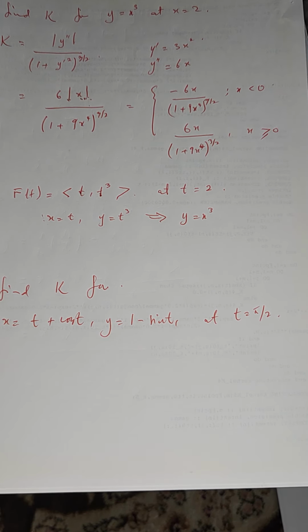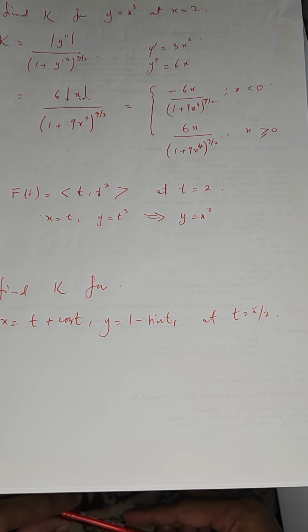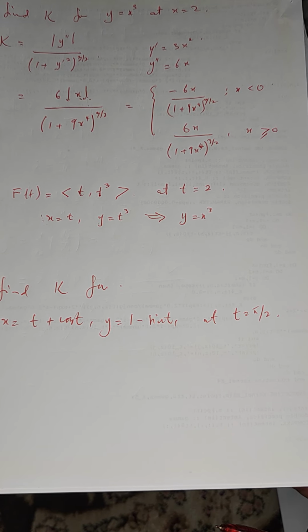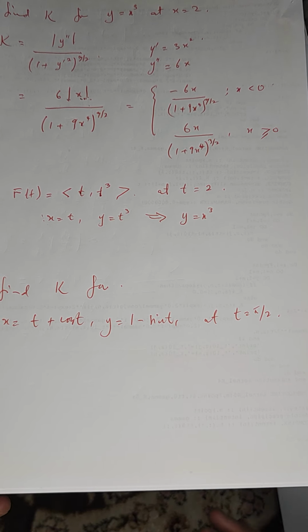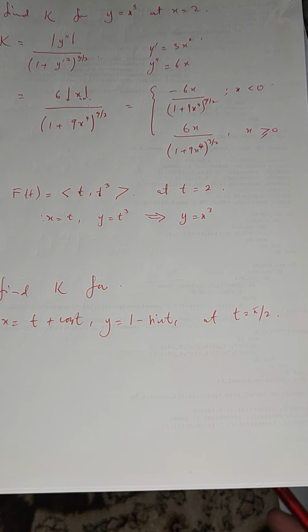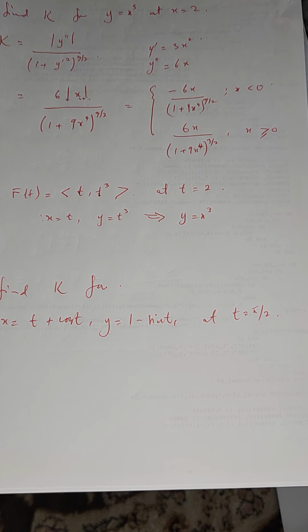Up to now we have discussed the curvature for a plane that involves x prime and y prime, so we don't have z at the moment. Later on we will discuss the curvature in space.